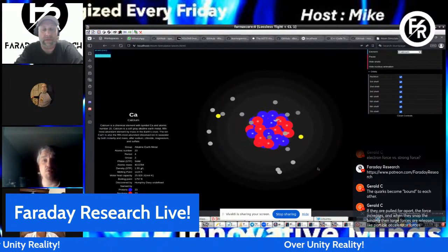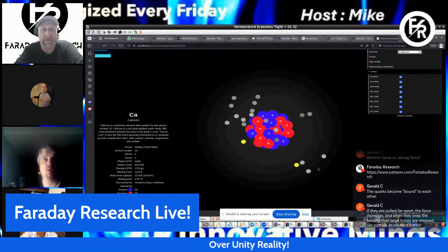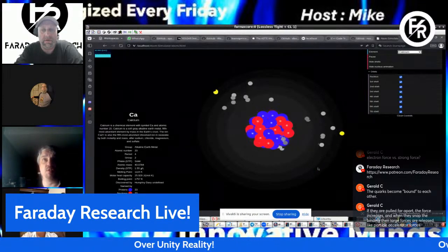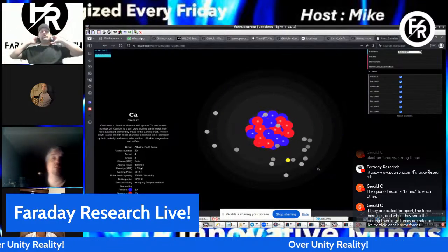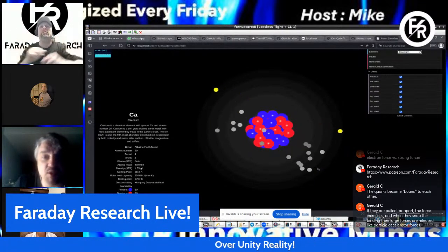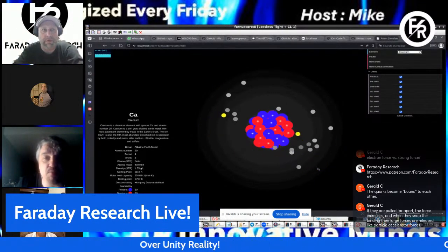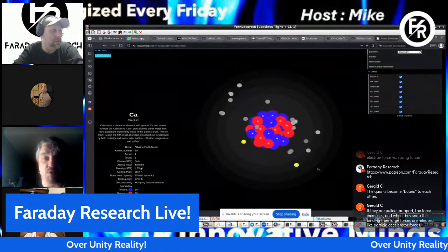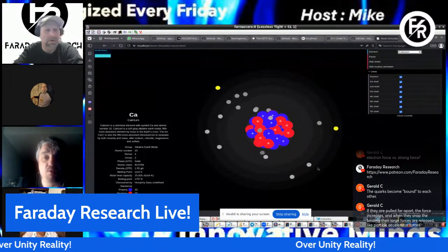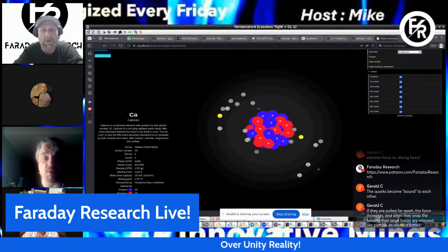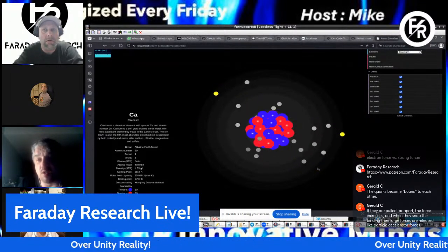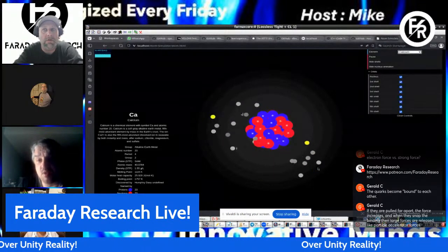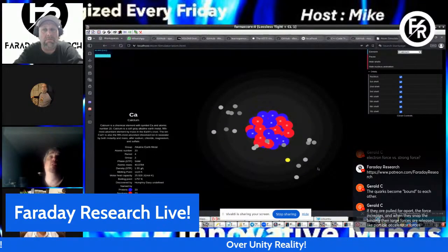I cannot use the Coulomb's constant because it's too strong, and it makes the electron just go away from the atom. So it just doesn't work. The Coulomb's constant doesn't work at very close distances.